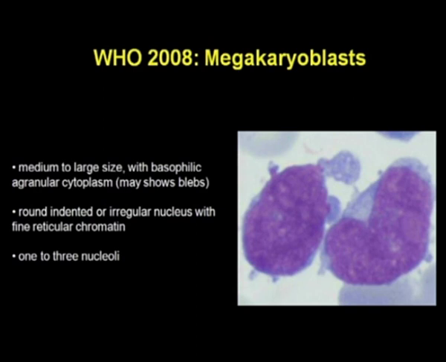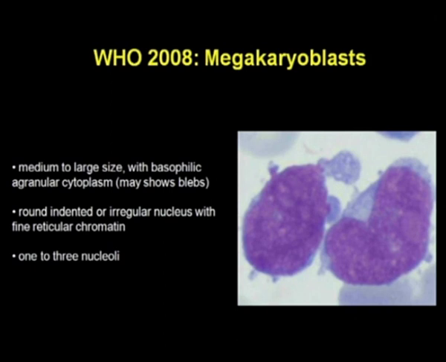And finally, in the WHO classification, there is the enumeration of megakaryoblasts that are defined as medium to large size with a basophilic granular cytoplasm, round, indented or irregular nucleus with fine reticular chromatin, 1 to 3 nucleoli. This is reported in the document.